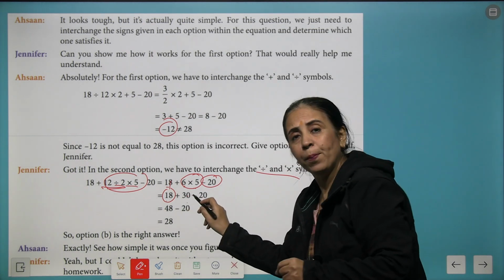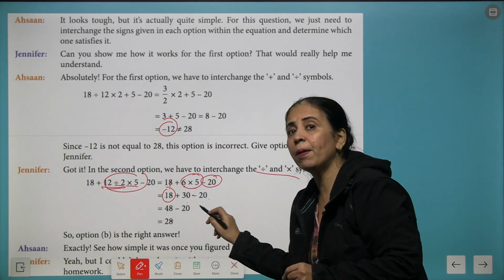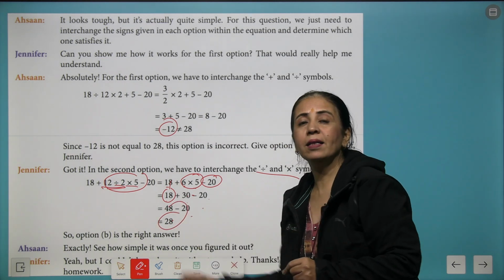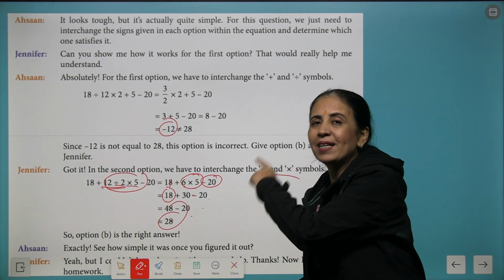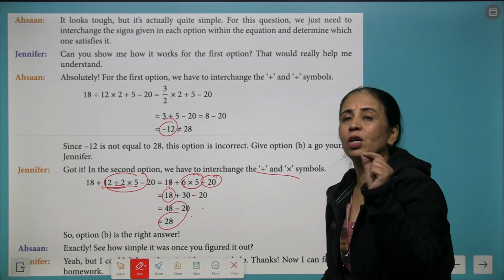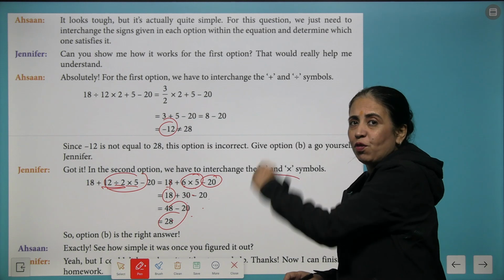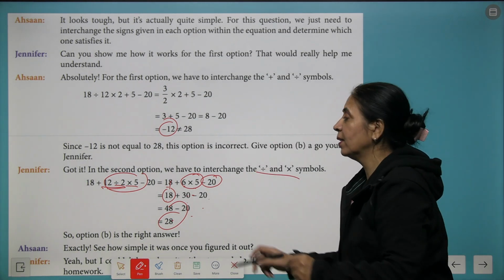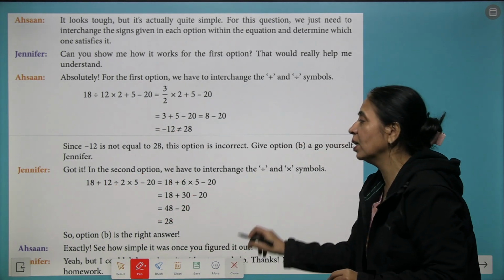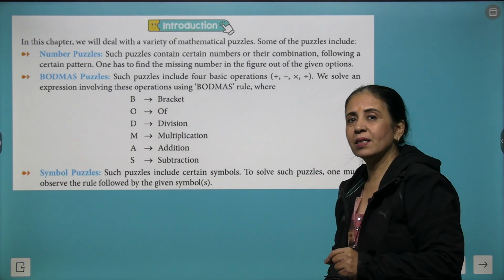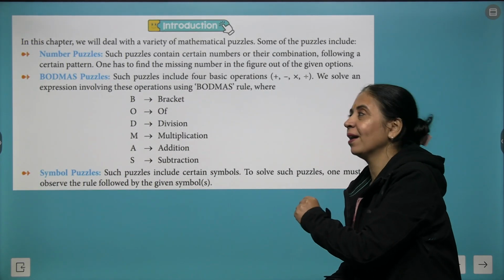And when you add both of them, you get 48 minus 30 and the answer is the right side of your given equation. So now Ehsan has explained everything to Jennifer, that this is how you solve the question and your answer is absolutely correct.